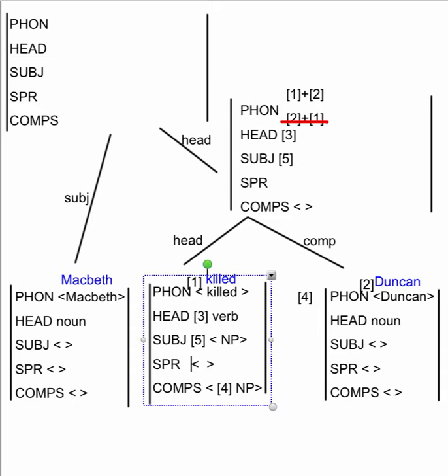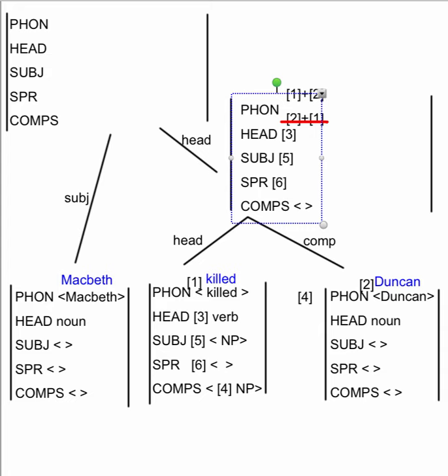The specifier list on the head daughter is empty, and the same list should be the specifier value of the phrase. I'm using the tag 6 for that. As you can see, we now have the full specification of the properties of the verb phrase of the combination killed Duncan. Again, all the properties followed from the specification in the lexicon and their interaction with the principles of grammar.